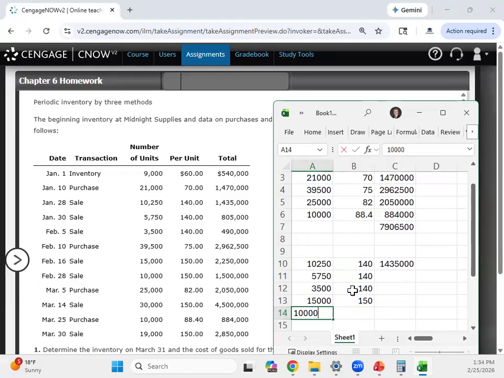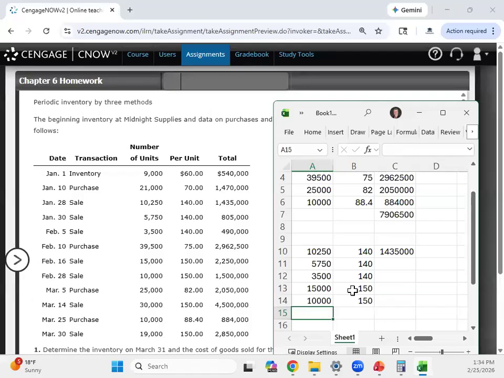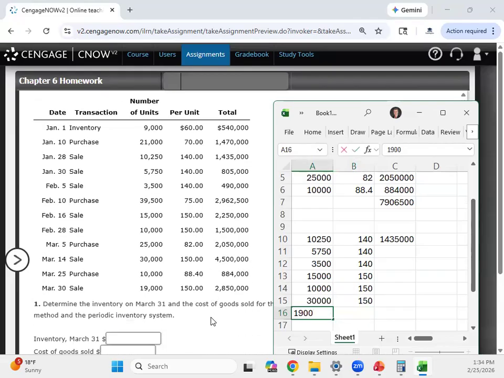Then we had another 10,000 units sold at 150 a unit, and 30,000 units sold at 150 a unit. And then on the 30th, we had another 19,000 units sold at 150 a unit.